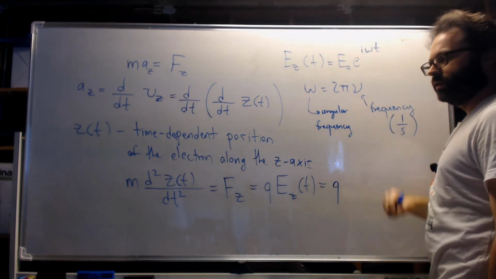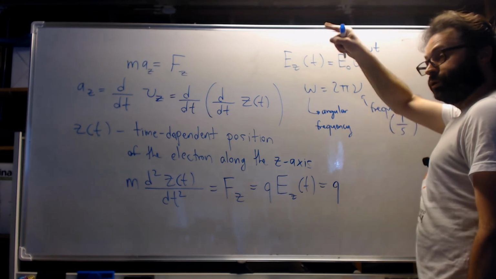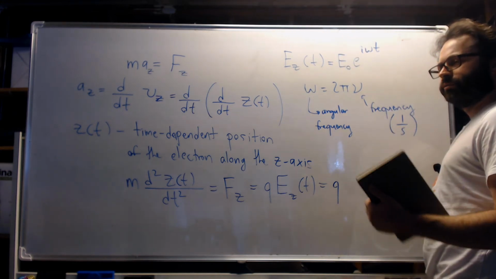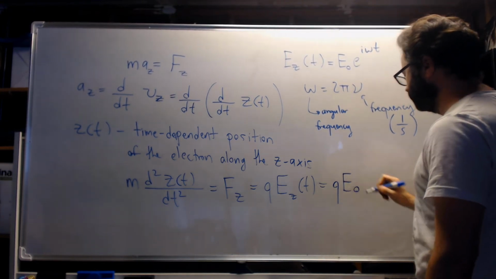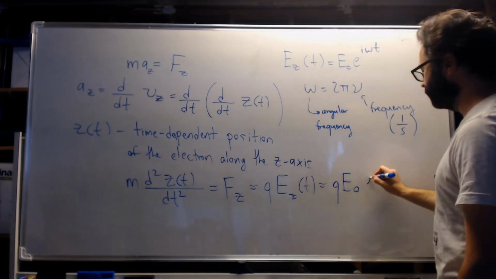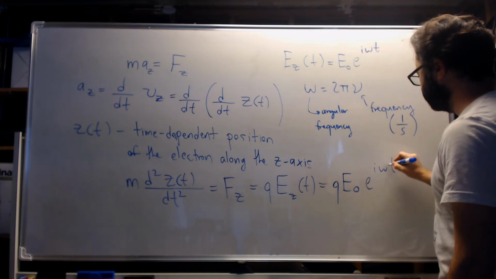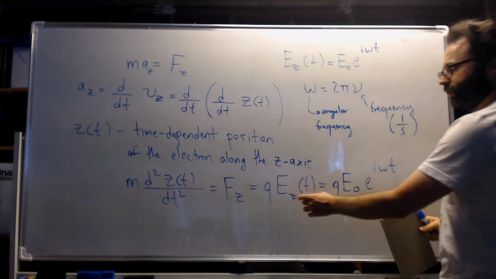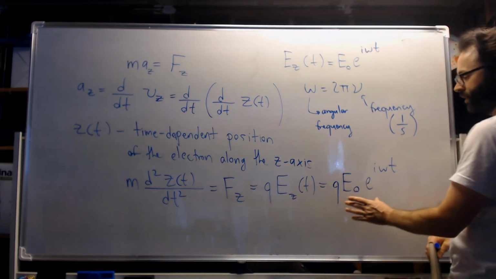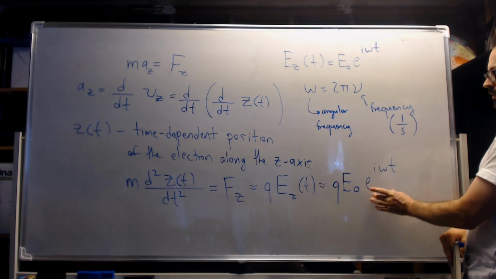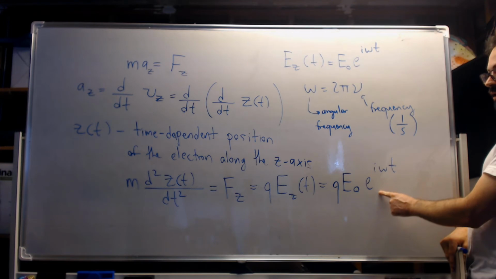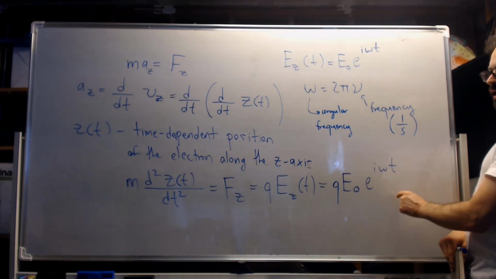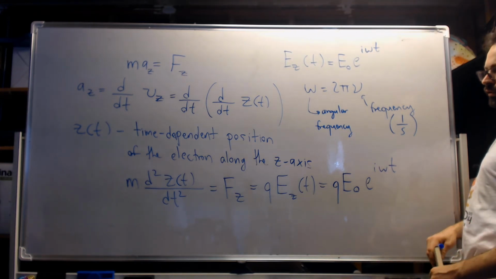The peak, whether up or down, and I guess peak in the absolute magnitude sense, times this constant E naught that determines the maximum field, times e to the i omega t. So now what used to be an abstract time-dependent function has now been made into an explicit time-dependent function. And if you wanted to, you could replace this, if you didn't feel comfortable, by cosine omega t plus i sine omega t per Euler's formula.